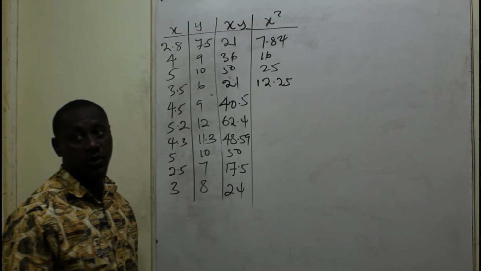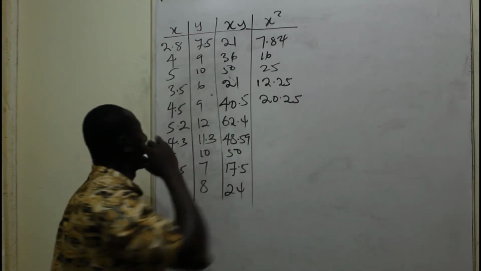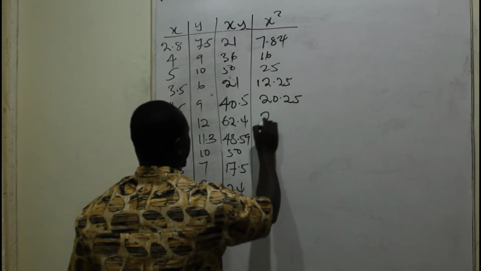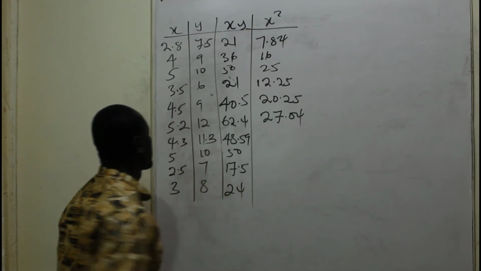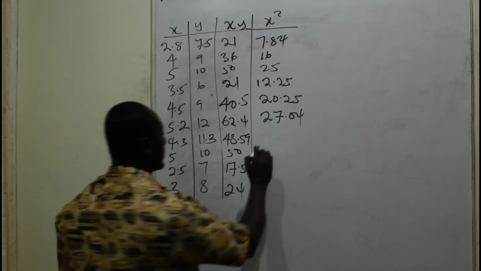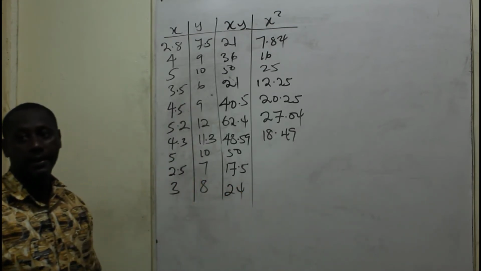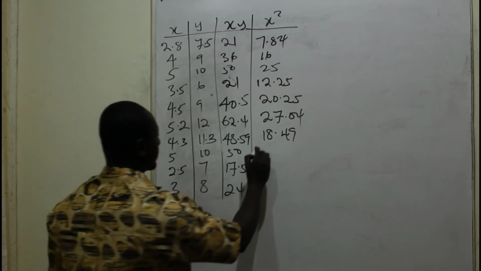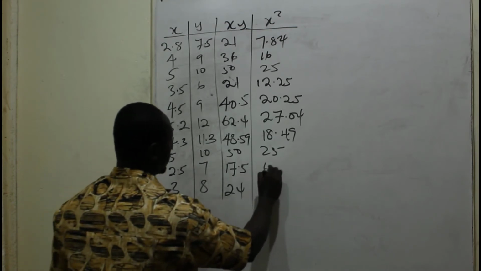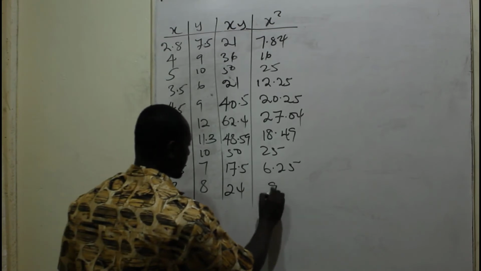Then 4.5 squared is 20.25. Then 5.2 squared is going to be 27.04. Then 4.3 squared is going to be 18.49. And then 5 squared is 25. 2.5 squared is 6.25. And the last one, 3 squared is 9.